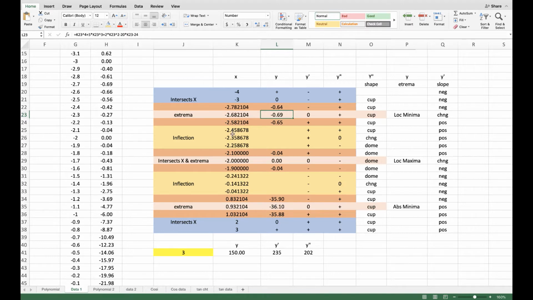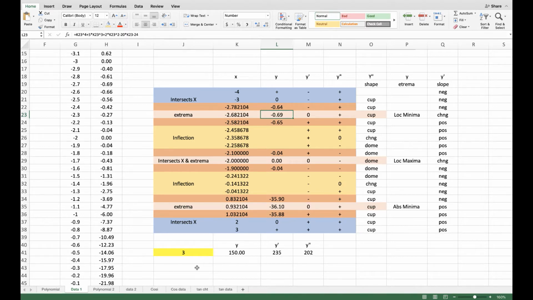So that's how this information, before we even could put pen to paper, if we look at this table and just look at the signs and where the different derivatives and values of the function are 0, gives us enough information for us to understand what the graph is going to look like.